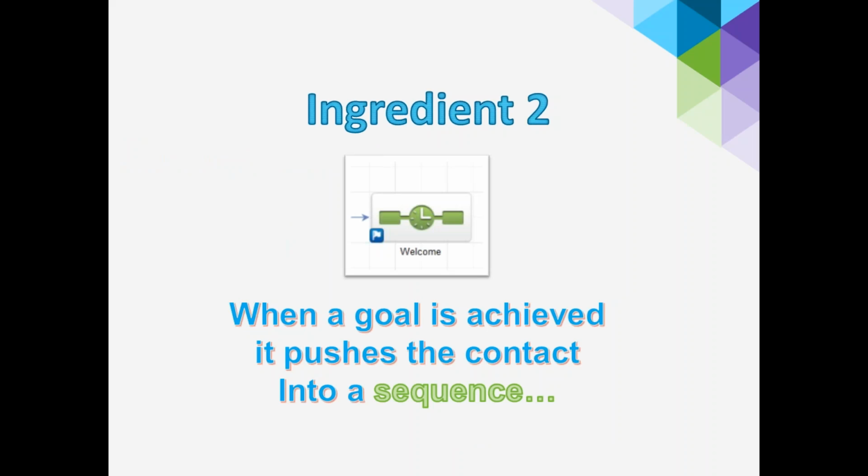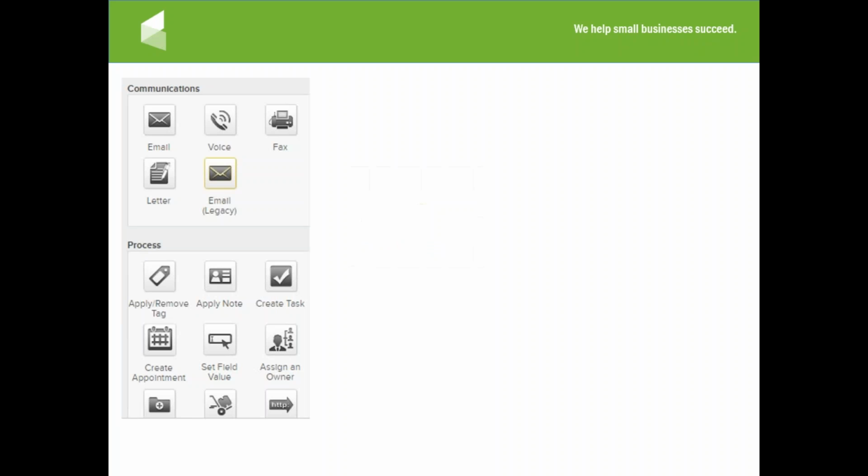The second ingredient is a sequence. And when a goal is achieved or completed, it will automatically push people into this sequence. A sequence is represented by a rectangle with a clock in the middle. There's lots of magic, and that's where all of the Infusionsoft magic happens, is in that sequence. And if you notice, there's communications and there's processes.